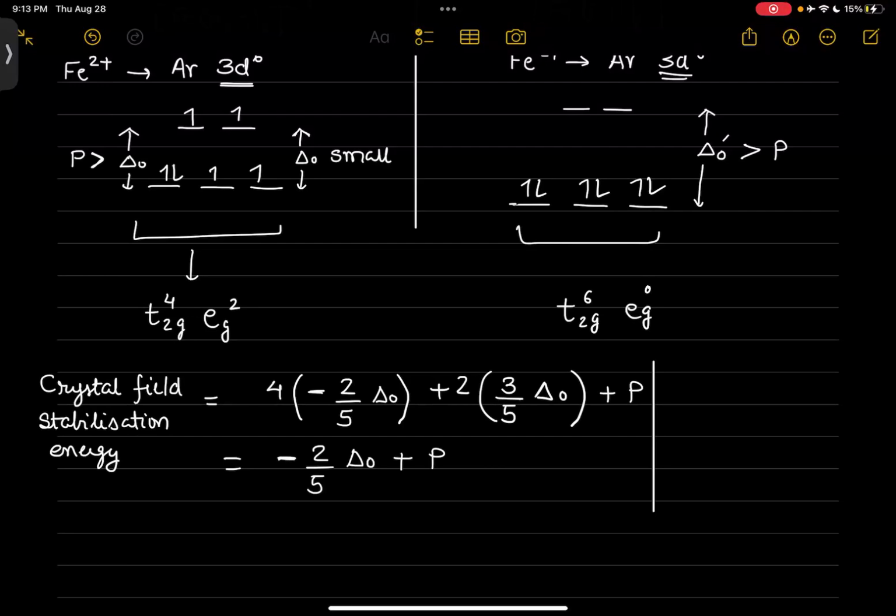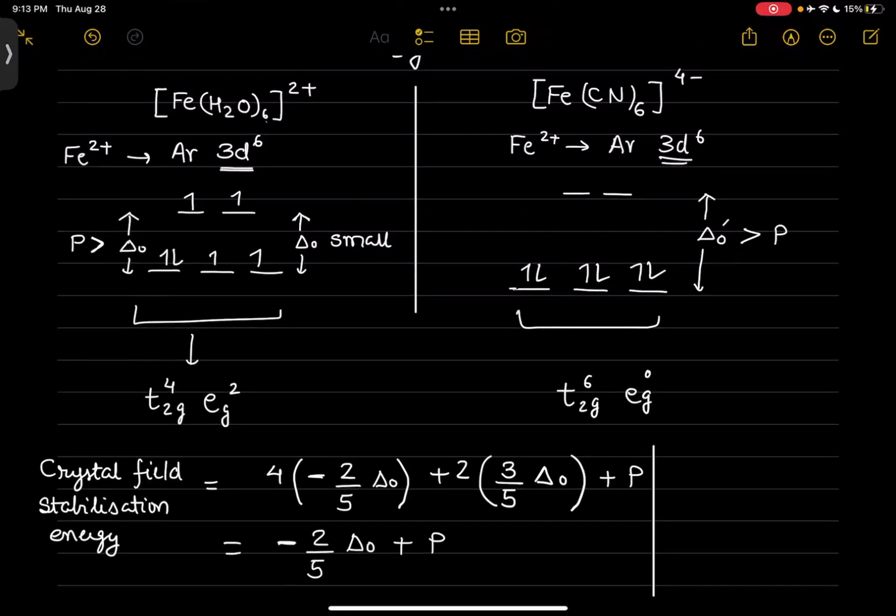Okay. Let's see what is happening in that other complex. There are 6 electrons in T2G. T2G has 3 orbitals. Each one has a lower energy of 2/5, 3 orbitals at 2/5 times delta.